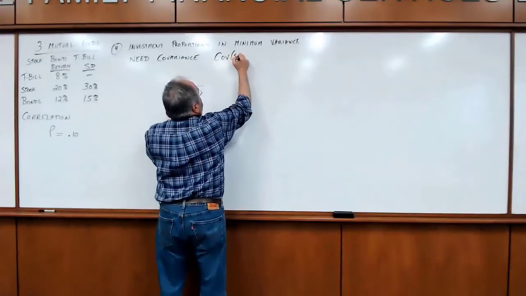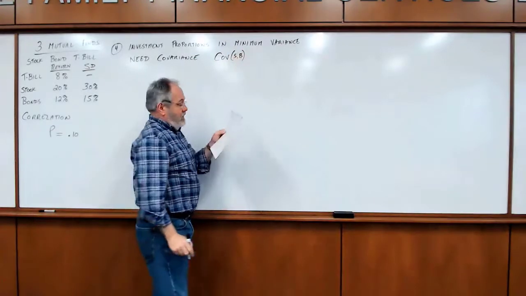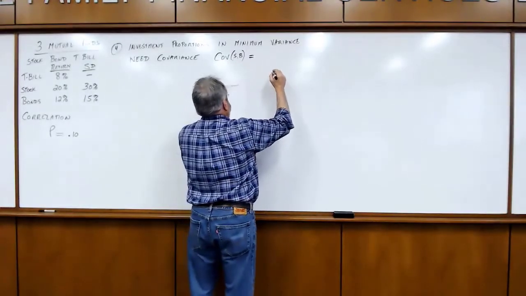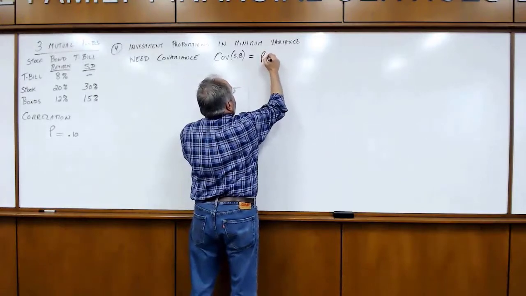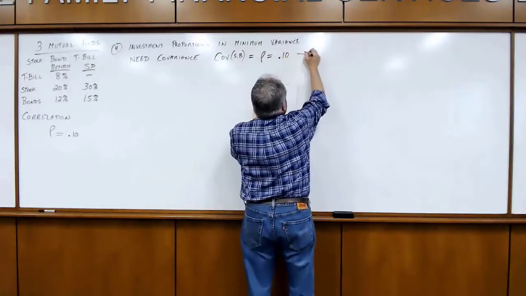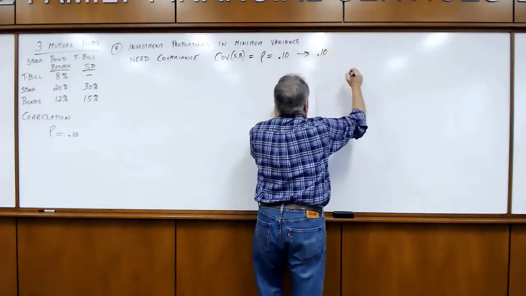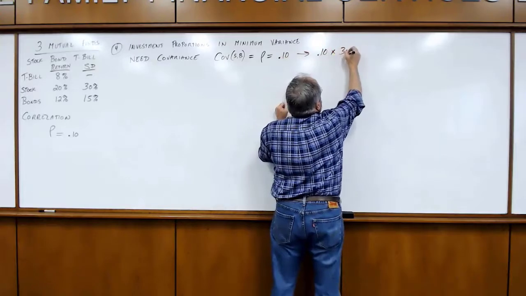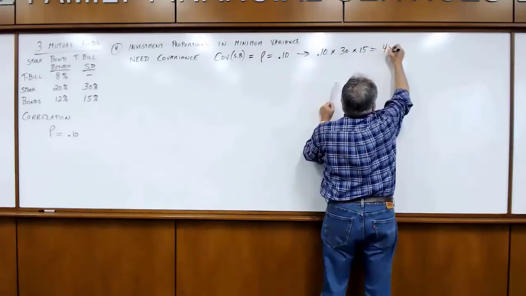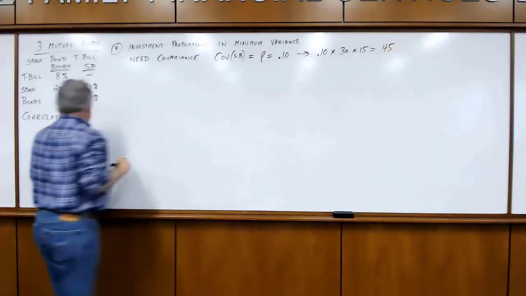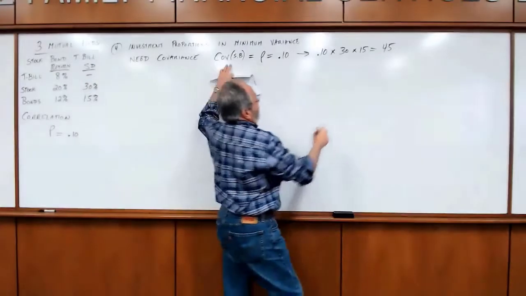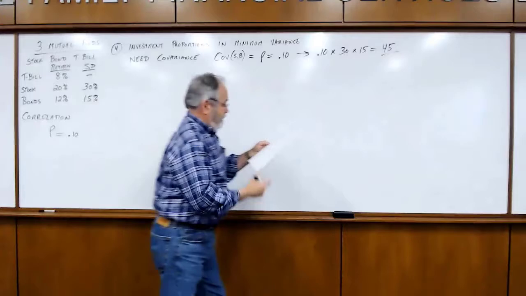Covariance between stocks and bonds is equal to rho, which is equal to 0.10, so 0.10 times 30 times 15, 45. We said correlation was 0.10. So we have a covariance then of 45.